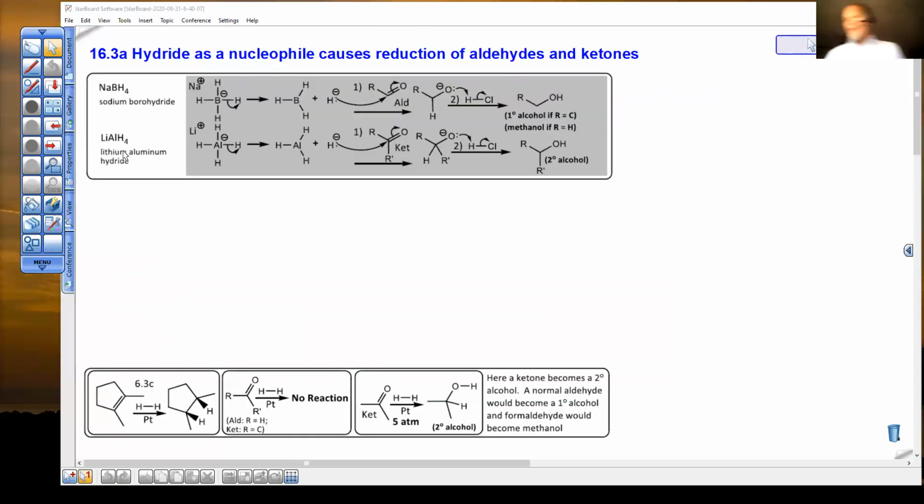Next up, we're going to look at hydride. And hydride here is going to do what our organolithiums did previously. Normal hydride like lithium hydride or potassium hydride, those are typically used as bases. So let's even put a note about that right over here.